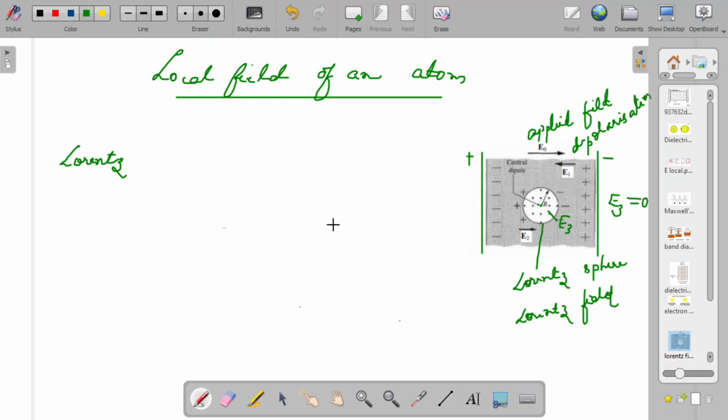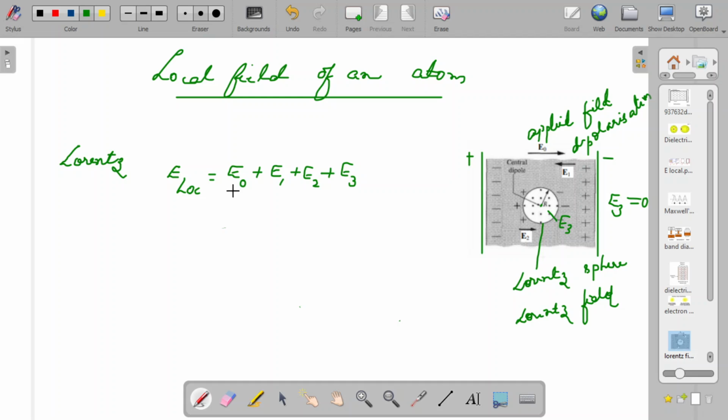So I can say that the local electric field, denoted as E local, is equal to E0, the applied field, plus the depolarization field E1, plus the Lorentz field E2, plus E3.